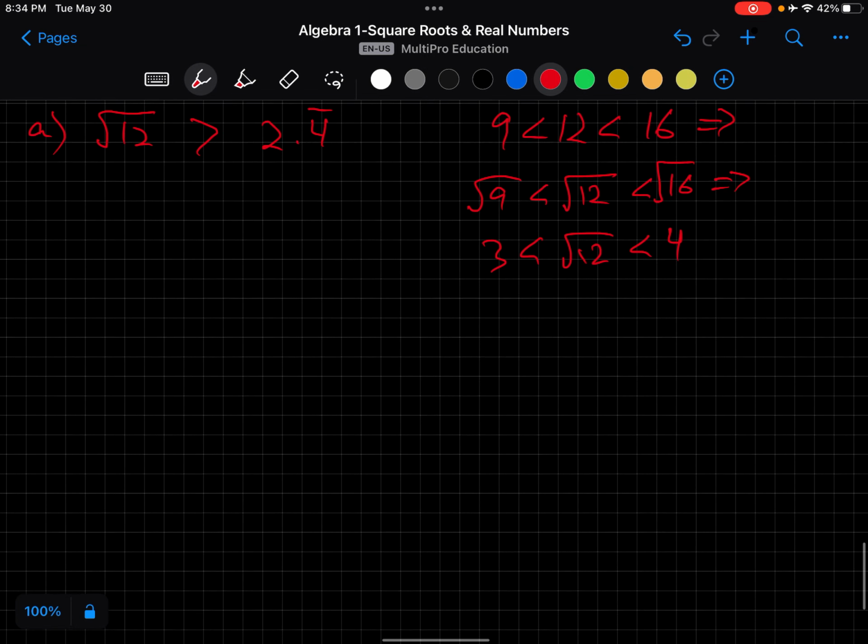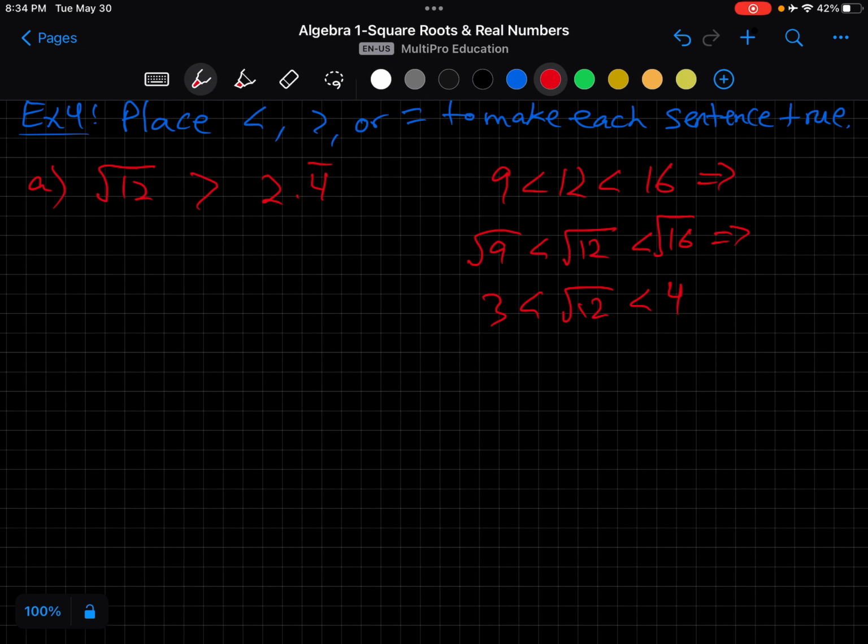Okay? Let's look at another example. Alright, so we have 7.2 repeating, and we have the square root of 40. Well, 40 is getting to be a pretty big number, so we're just going to use our calculator, and the square root of 40 is equal to 6.324 and a bunch of numbers.